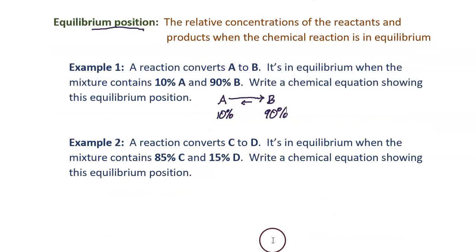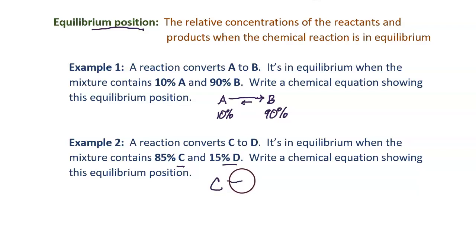Here's example 2. A reaction converts C to D. It's in equilibrium when the mixture contains 85% C and 15% D. Write an equation showing this equilibrium position. So we have C, and then an arrow, and then the D. The arrows are not going to be the same length.